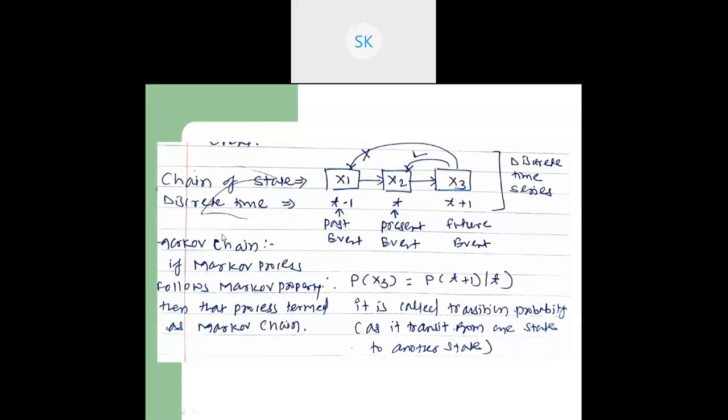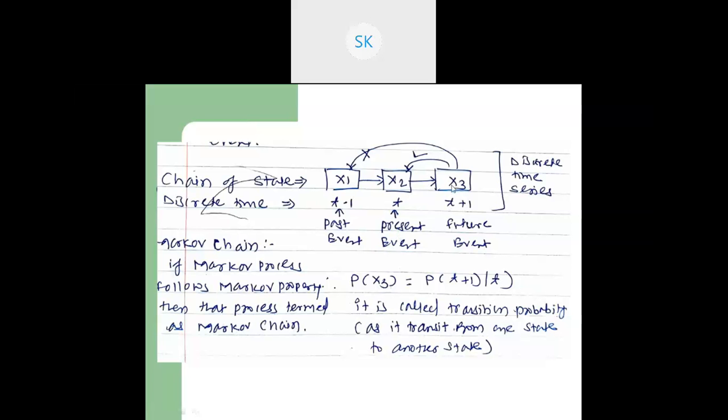Okay. So the Markov chain is the second terminology. What is a Markov chain? If a Markov process follows the Markov property, then that process is termed a Markov chain. So what is the Markov property? It is that the future event depends on the present event only.